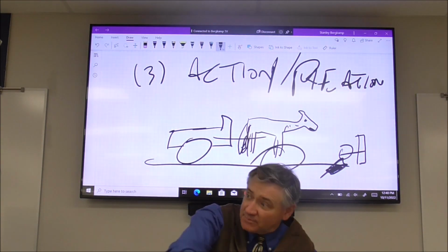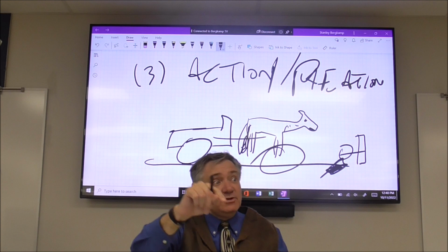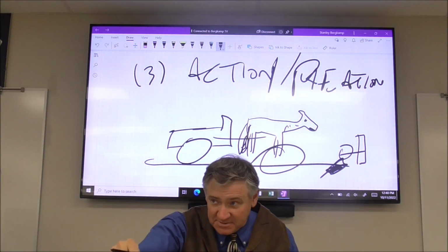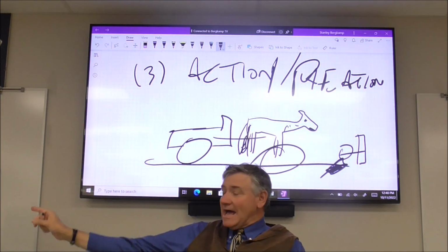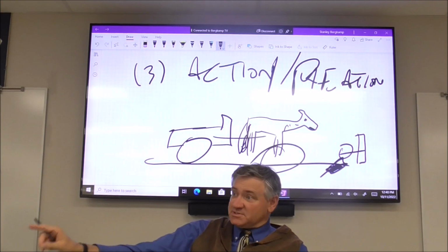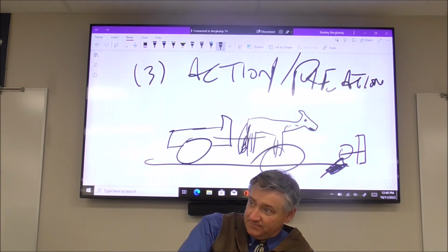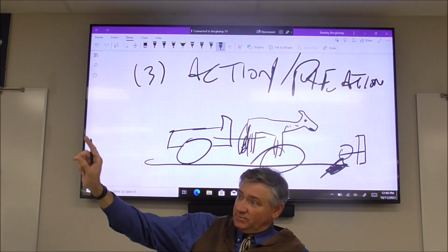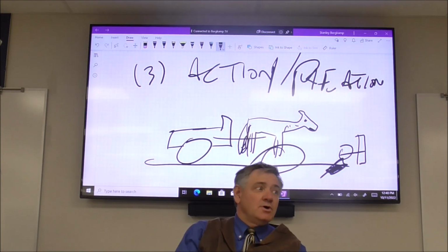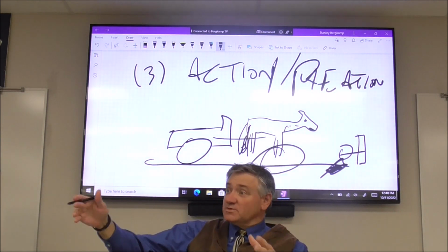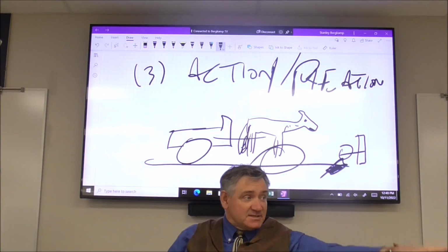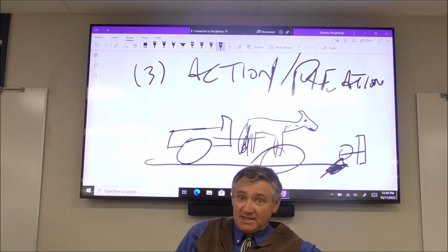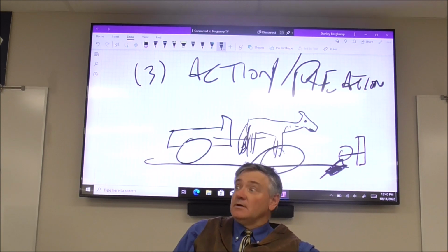But you're also pushing on the ground, and the ground pushes back on you with an equal and opposite force. So as long as that set of equal and opposite forces between your shoes and the ground is greater than the equal and opposite forces between you and the door, you can open up the door. The horse can make the wagon move. Mason can push the blocking sled, okay?